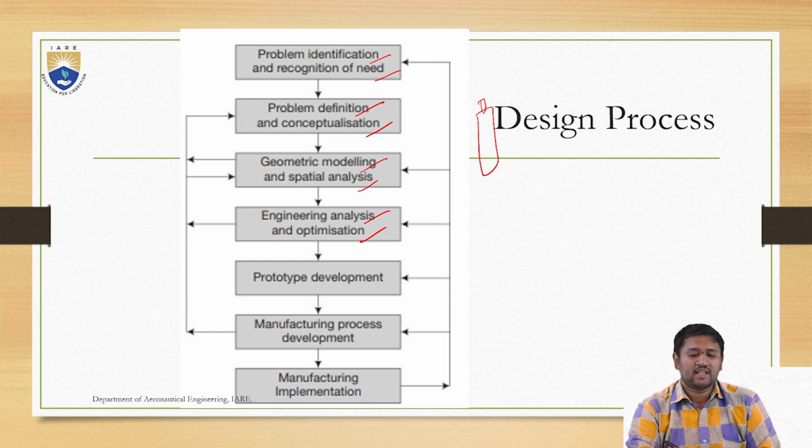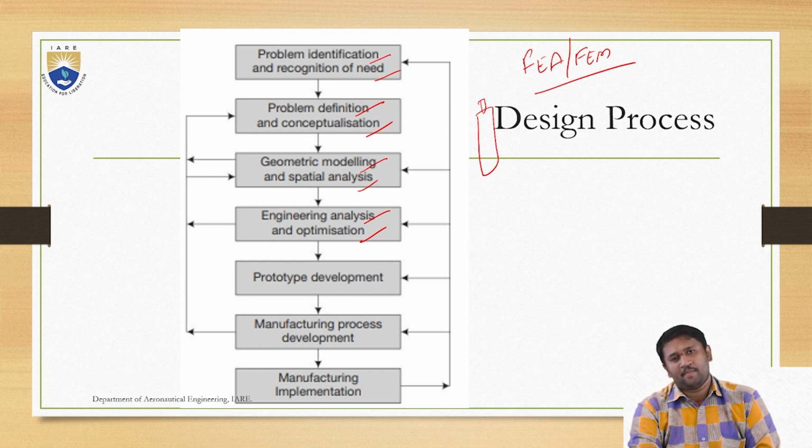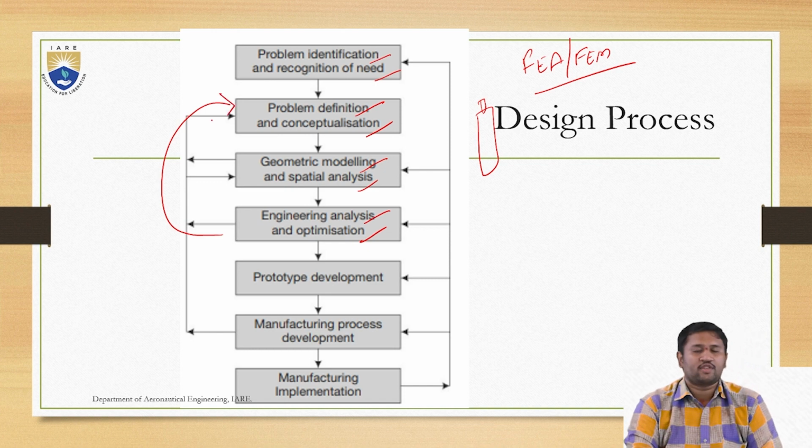Engineering analysis, particularly in terms of FEA or FEM, you will be applying certain loads and pressures which the product is supposed to withstand. If the product fails, the data is put back to your definition to redefine the problem set. If not, then it is sent to prototype development.